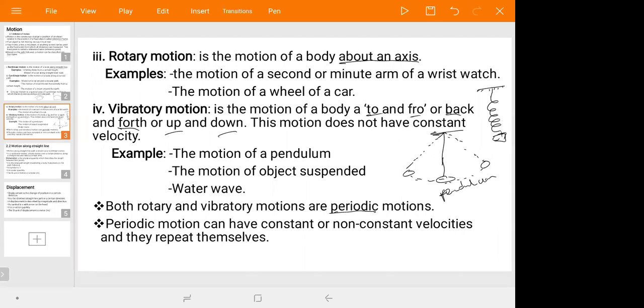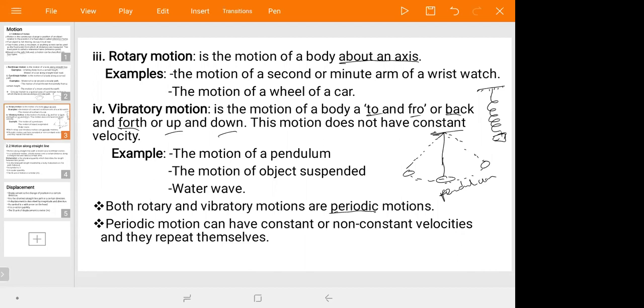It should cover 6 meters. So in 1 second, 3 meters; in 2 seconds, 6; in 3 seconds, 9. This type of motion is constant speed, or constant velocity, we can say.